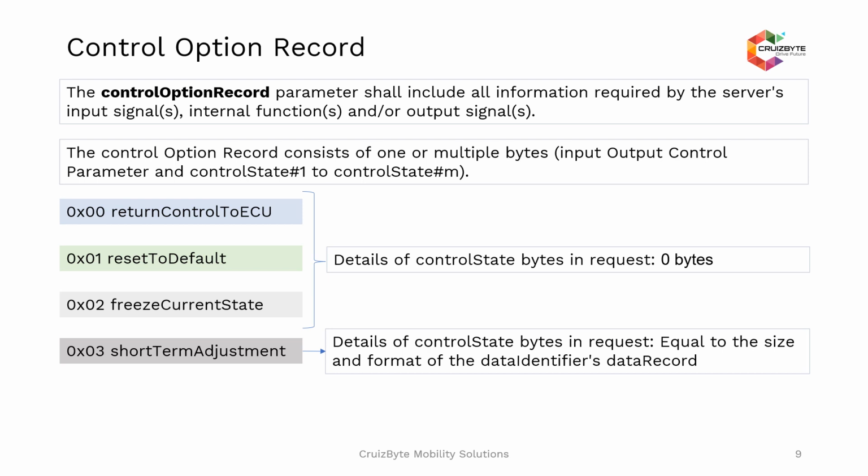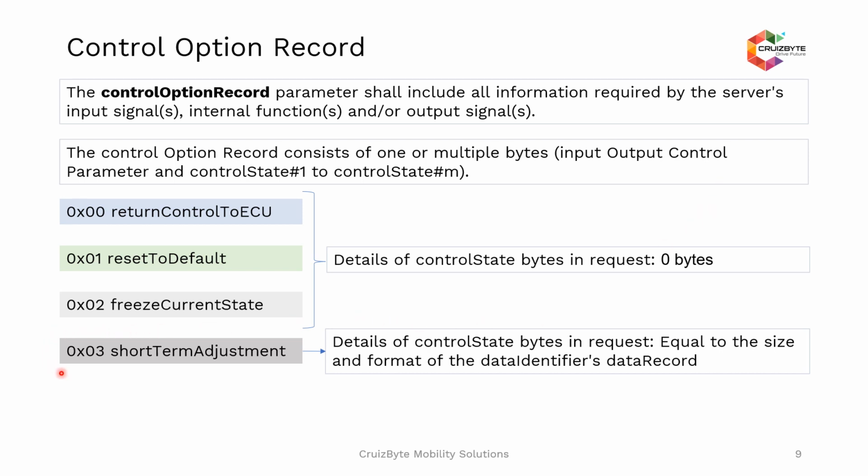In the previous slide, for sensor value substitution, we had 10 records with the DID, and every element within the DID has a specific value. In order to change any of those values to some other value, you can always use the short-term adjustment parameter as part of your request.